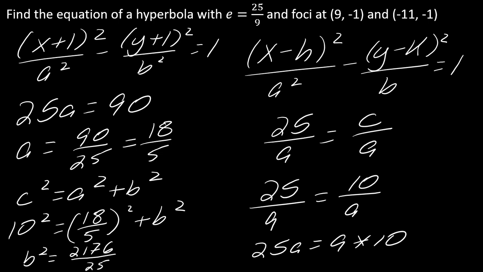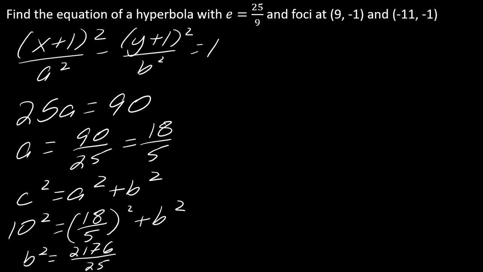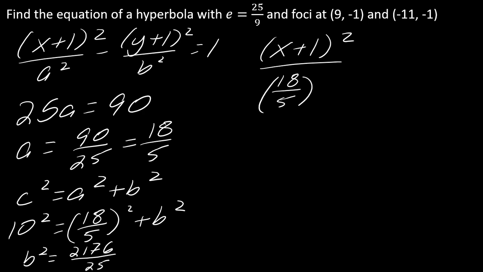Okay, so now let me clear some space. And okay, so I can fill in the rest of this. So I've got x plus 1 squared over, let's see, I need to do 18 over 5 squared. I do already have my b squared, so that's cool.